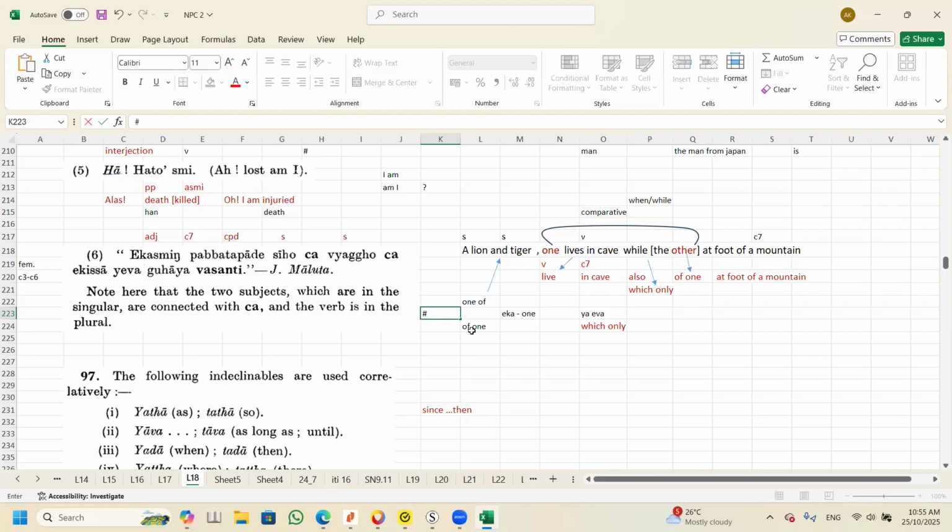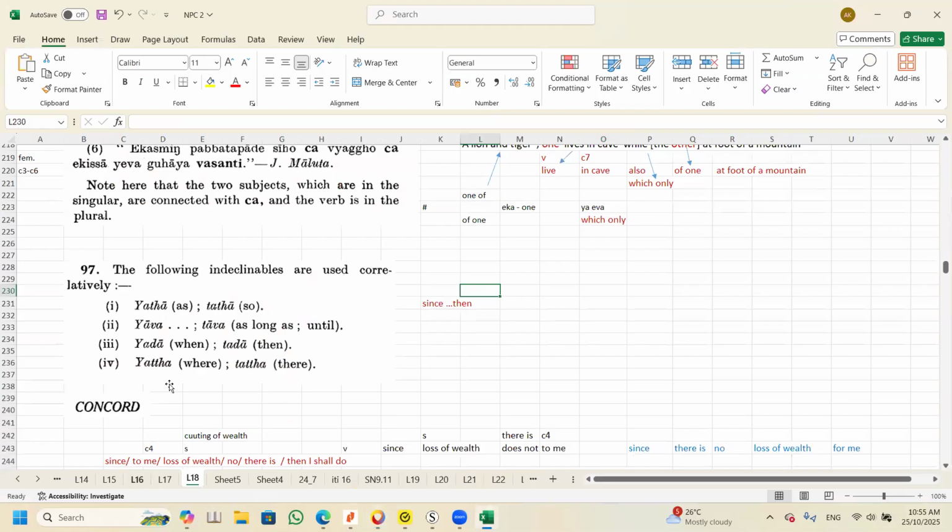All right. Okay, 97. The following indeclinables are used correlatively. This is correlative. Yatta, that means this and this, they are not going to stand alone.